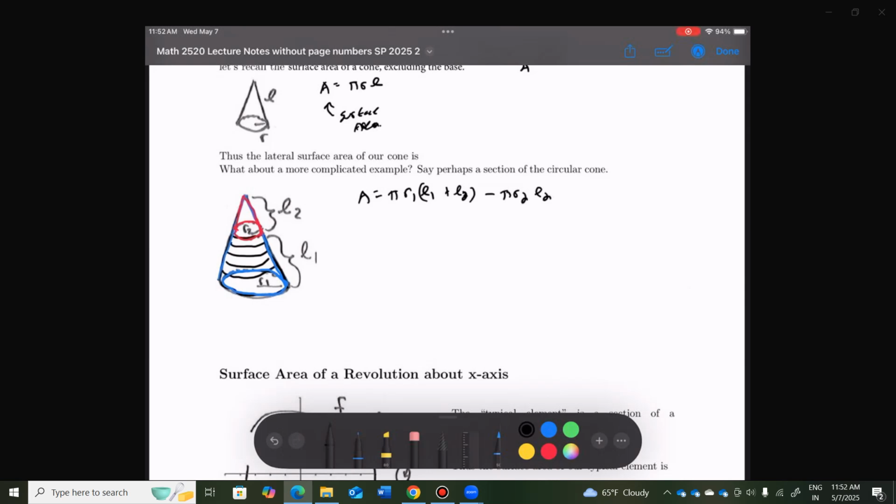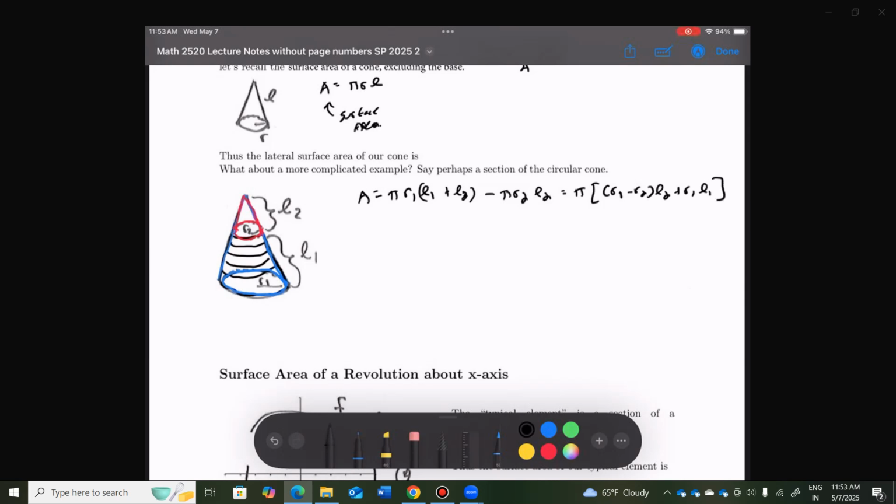Now doing a little bit of algebra, we'll get pi times, actually I don't want to do it like that. Do this: (r1 minus r2) L2 plus r1 L1.